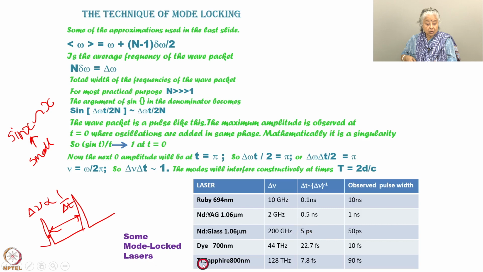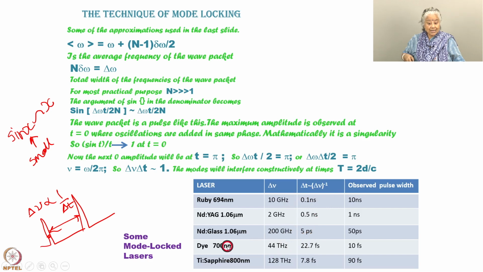So in some mode locked lasers you do get picosecond pulses. It is possible with Nd glass, and the observed pulse width, some practical lasing action they have seen, is around 50 picoseconds, very close to this. So this is a very good estimate. Take the inverse of delta nu, you get a good estimate of the output pulse that you will get.